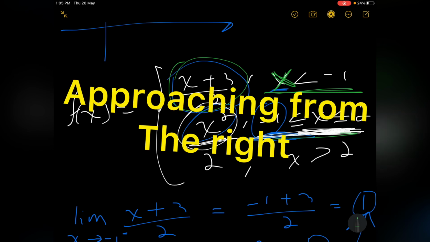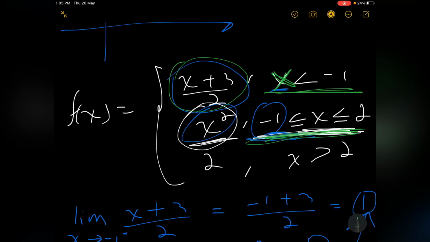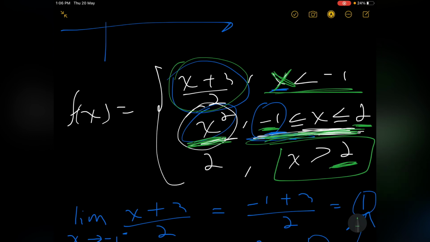If we look at this, this is values of x from -1 to 2. So we could not use this function. Now, if we look at this, we see that we're going to use values greater than 2. And this is what we want, values that are greater than 2, since we're approaching from the right. So we'd use 2.